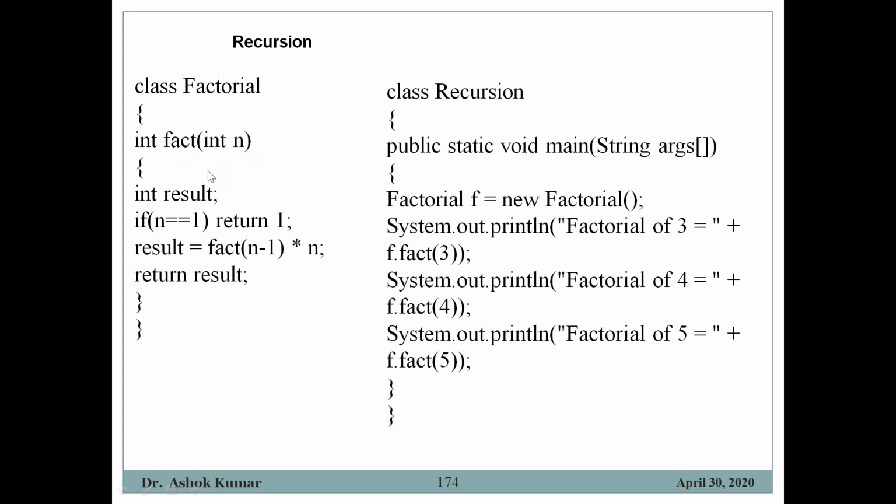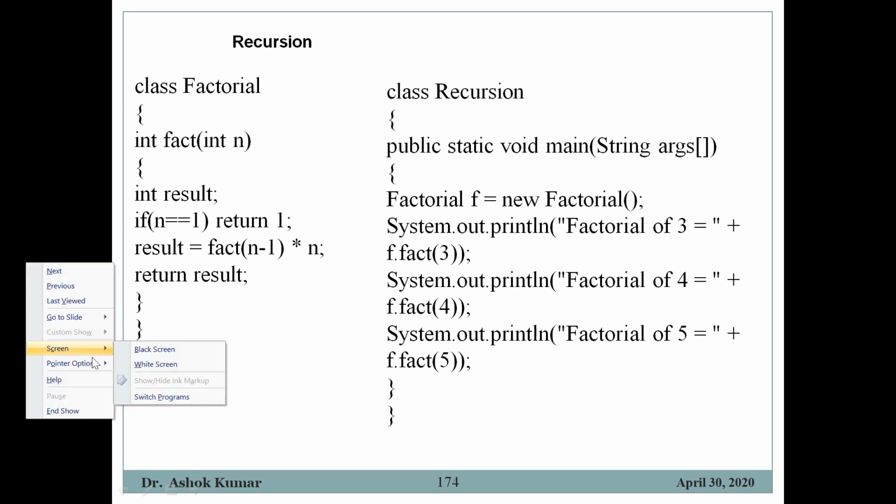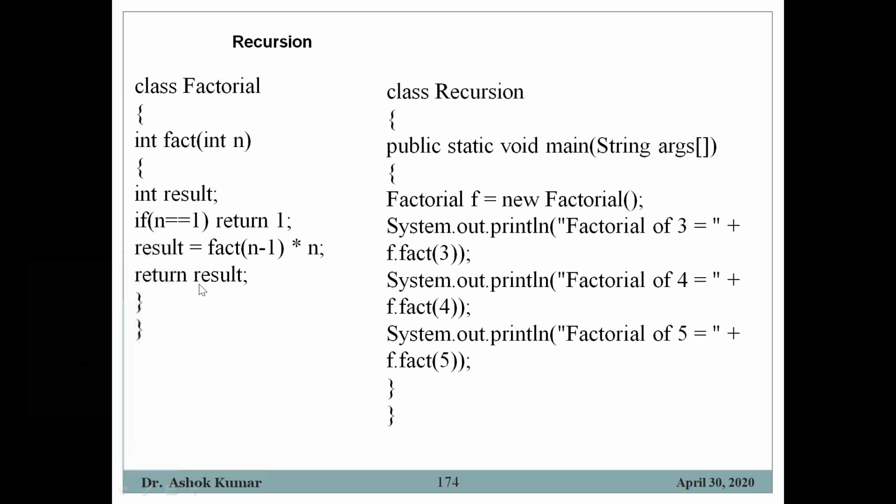The thing that we discussed is that a method is called a recursive method if it has a call to itself in its body. If you look at this line, this fact method is calling itself. So this is basically the method call, and because this method call is in the method body, this method is a recursive method.